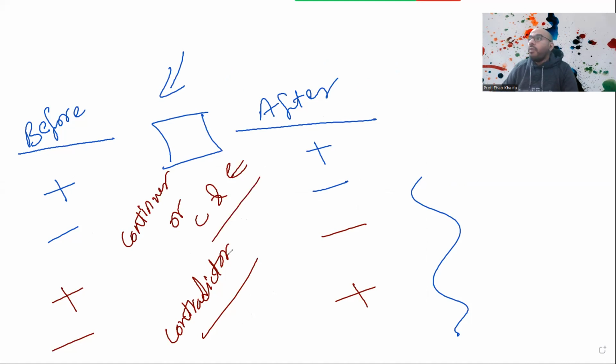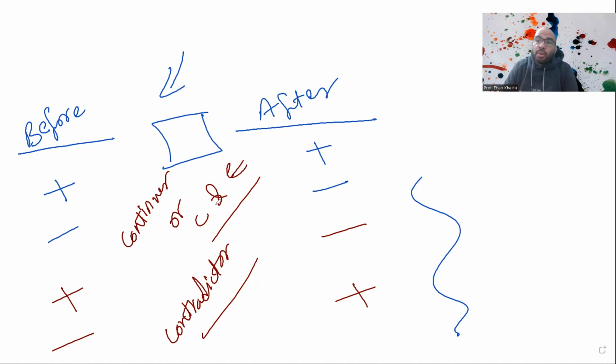So if what comes before is positive and what comes after is negative, I know that we need contradiction. What comes before is negative, what comes after is positive. Contradiction, contrast. Very easy to figure out.